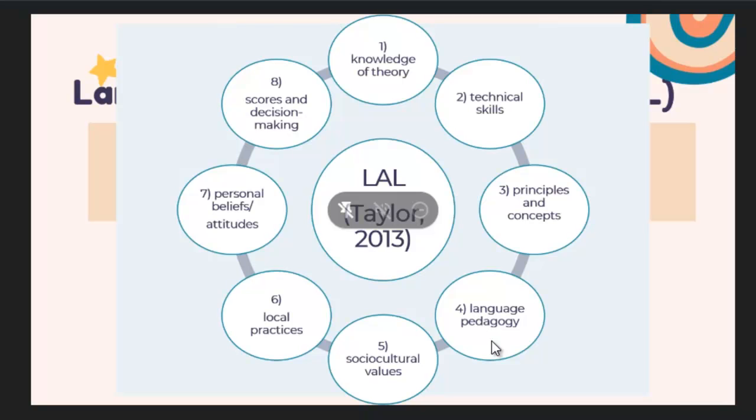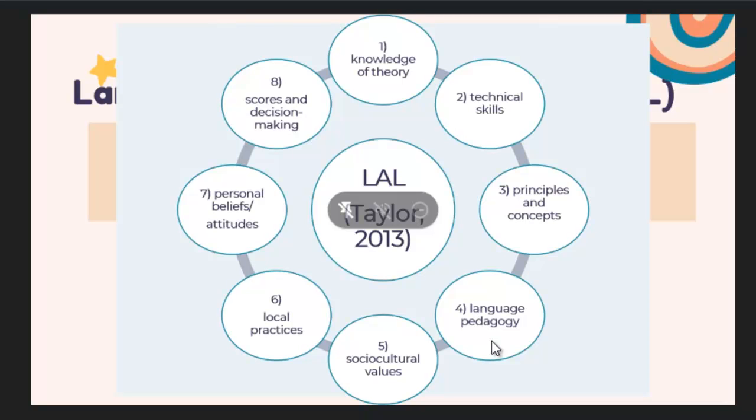According to Taylor 2013, there are 8 aspects for you to understand about language assessment. First, knowledge of theory. When you conduct an activity in order to assess students, you need to know the theory underlying it related to the subject language testing or language assessment.